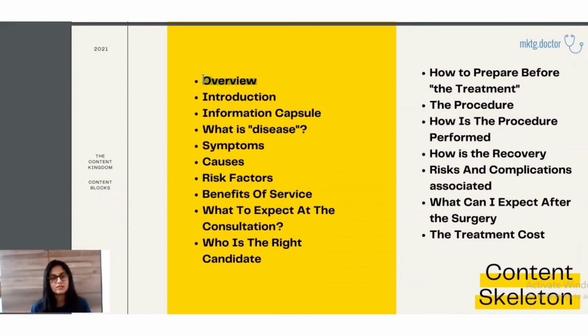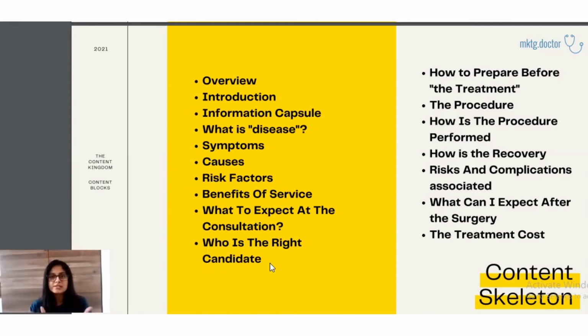The overview of root canal consists of only one or two sentences to give an idea of what the entire treatment is in brief. Then comes the introduction, then your information capsule, then what the disease is exactly, which means what problem the patient is facing, what the symptoms of the problem could be, what the causes could be, what the risk factors could be, et cetera.